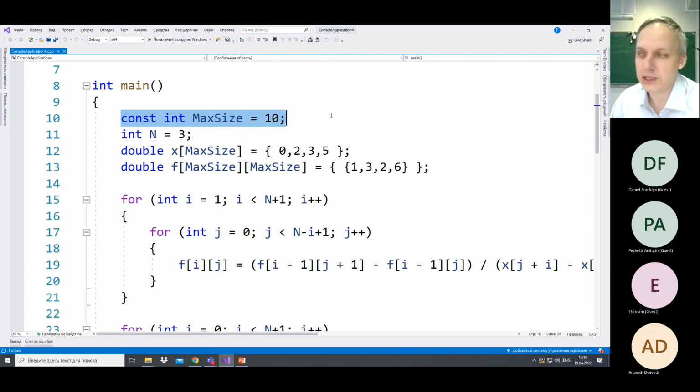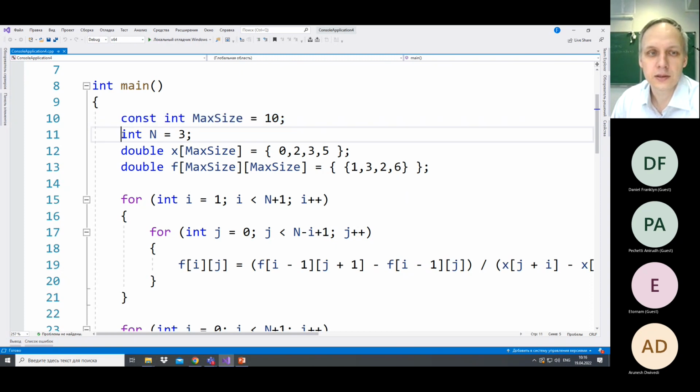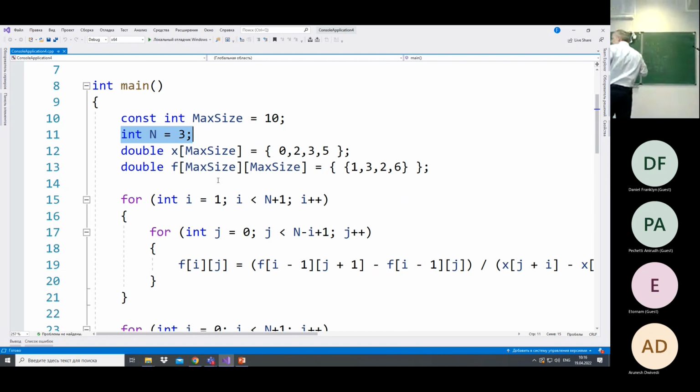So this is the maximum size of the array. n corresponds to the degree of a polynomial. So if I assign n equals 3, it means I have 4 points: 0, 1, 2, 3.